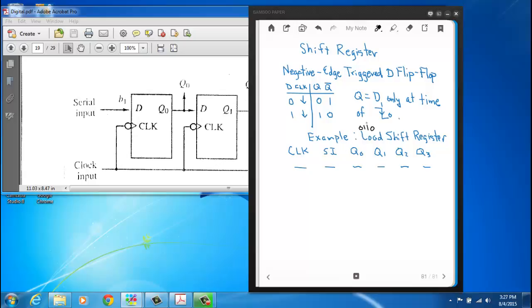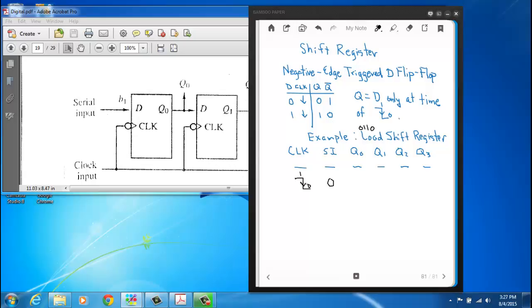Now, in order to load the 0, 1, 1, 0 data, the first thing we need to do is make the serial input 0, make that a low. Once we make the serial input a low, we're going to clock the register. So we provide a 1 to 0 transition on the clock input of all the flip-flops that make up the register.